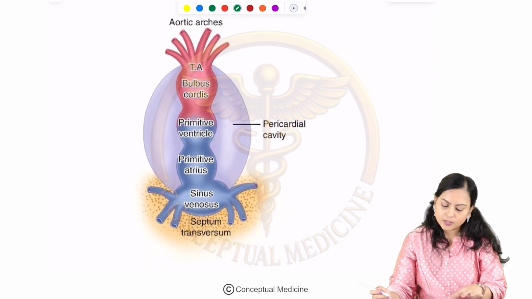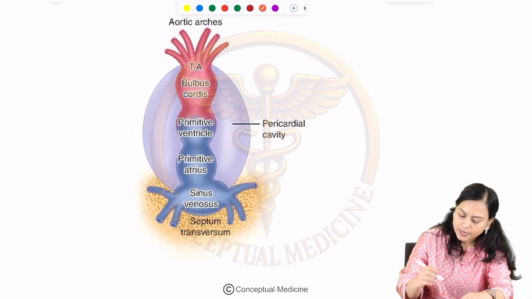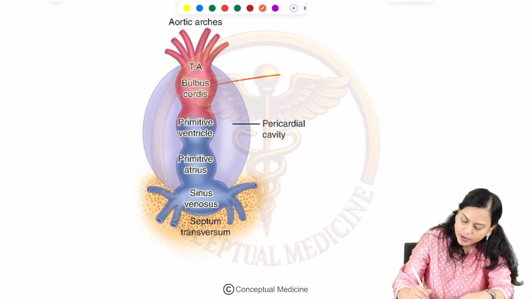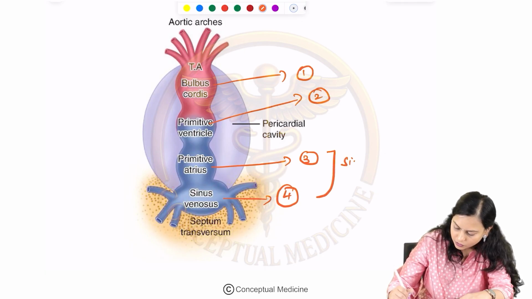The various dilatations that are formed in the heart tube include number 1, bulbus cordis, number 2 is the primitive ventricle, number 3 is the primitive atrium, and the sinus venosus. These together are also known as the sinoatrial chamber.